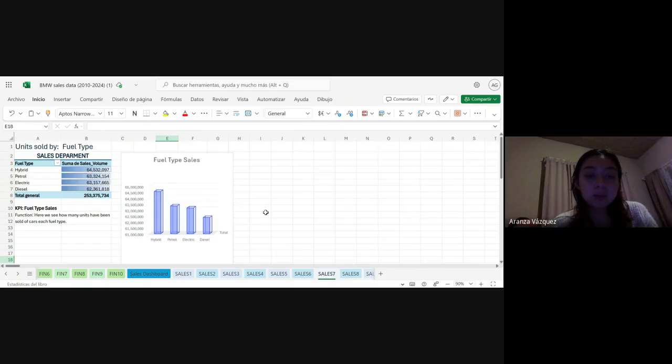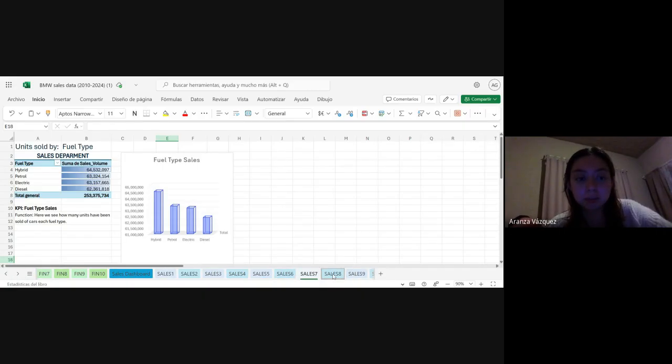Then we have units sold by fuel type, where we can see how many units have been sold according to the fuel type. This is relevant because it justifies an increasing investment in the development of electric cars and hybrid cars, which are the ones most customers are interested in actively buying.